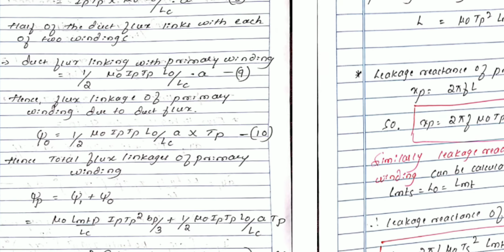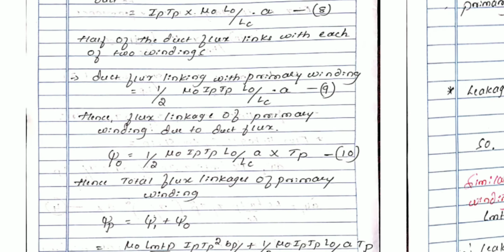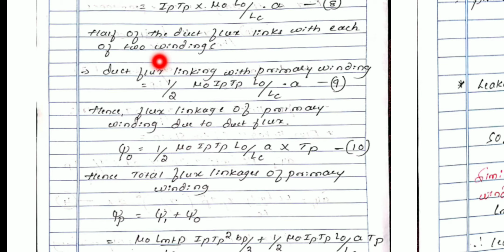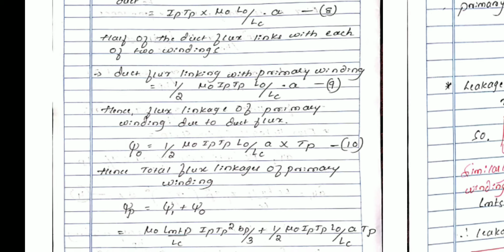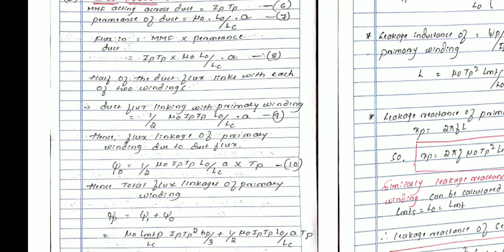Next, after this, what do we have to calculate? Same as the conductor portion, the duct flux linkage with the primary winding. This flux, 1/2 mu naught IpTp L naught divided by LC into A, is half of the flux linking with the primary side, and the primary side consists of a number of turns.